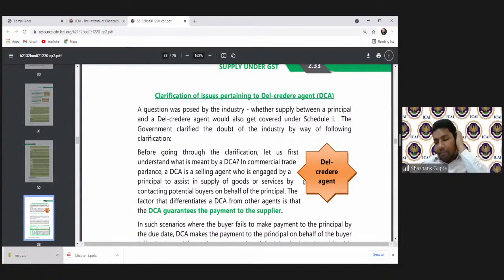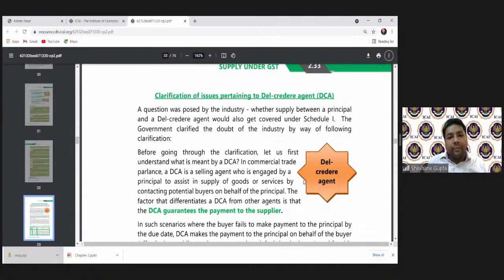So basically, while all of us understand what an agent is, a del credere agent is an agent that guarantees payment to the supplier. That is, not only will I sell your goods, but the person to whom you will sell goods on my request, on my direction, I will make sure that you receive your payment from that person.